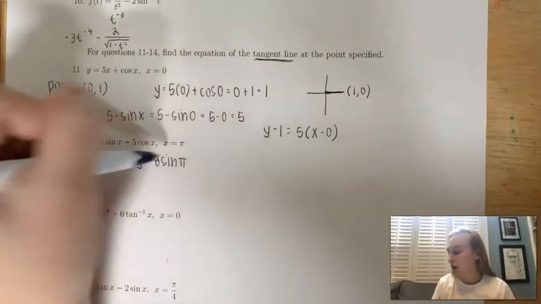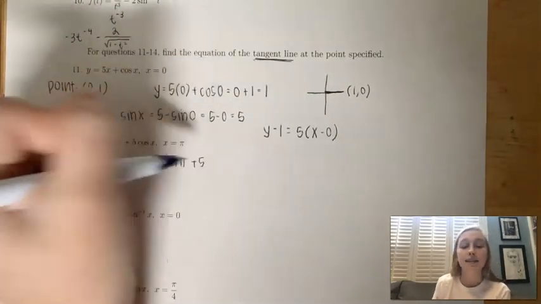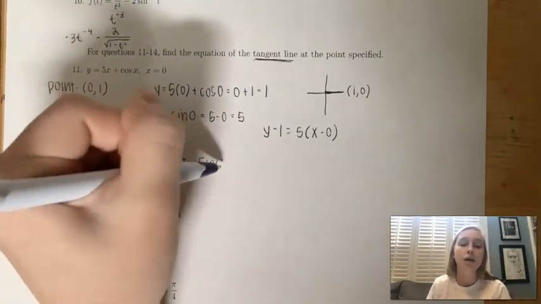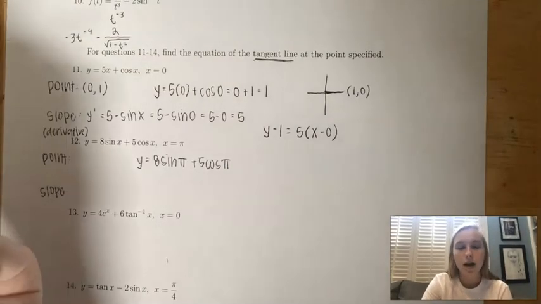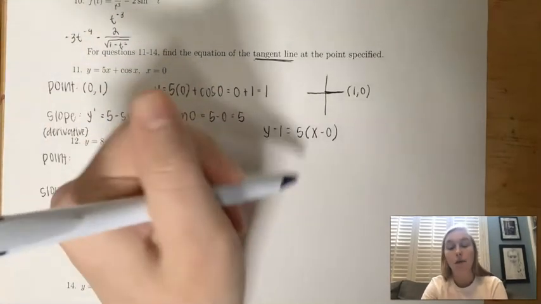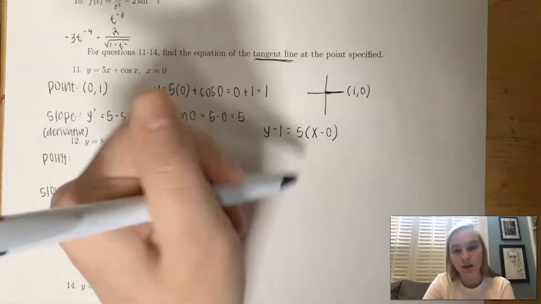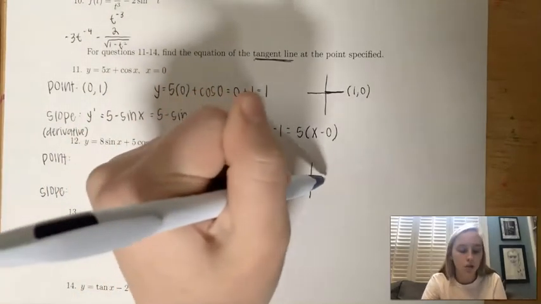So it would be 8 sine pi plus 5 cosine pi. And if you don't know the values of sine pi and cosine pi, which is totally fine, you once again have to draw the unit circle.